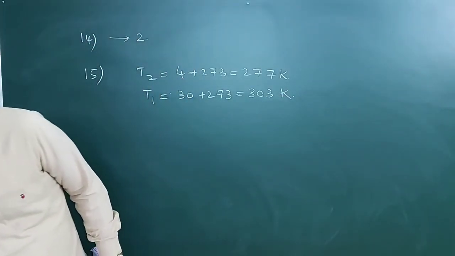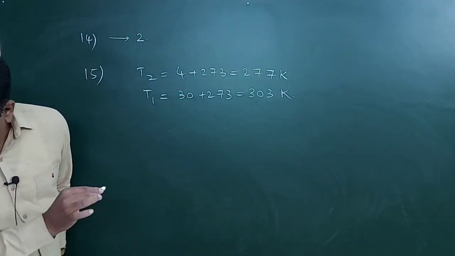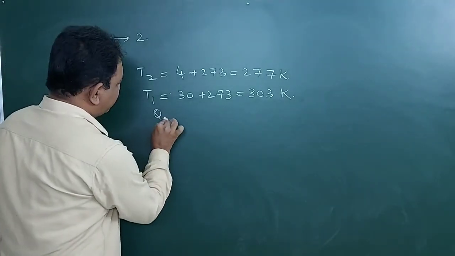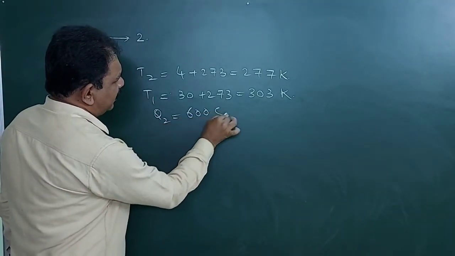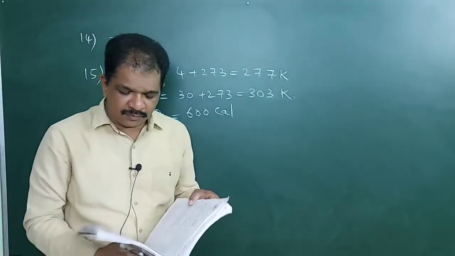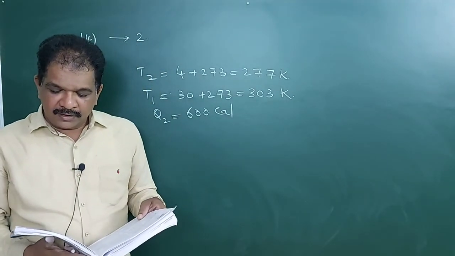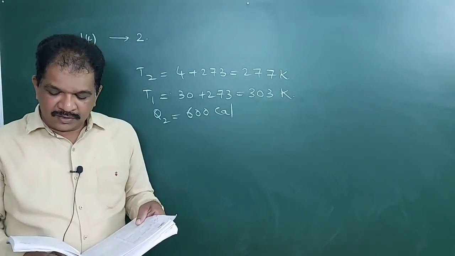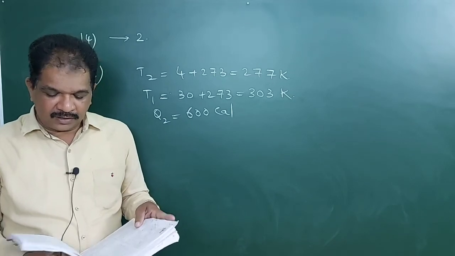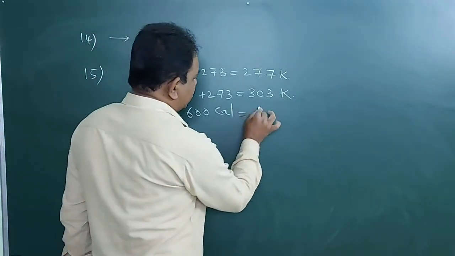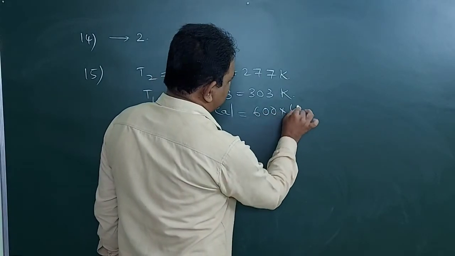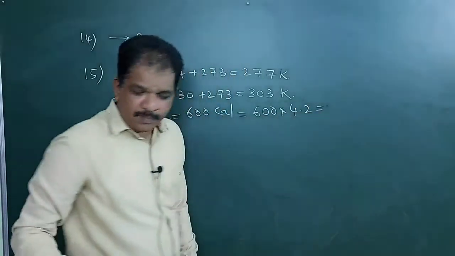Now the Q2 value is 600 calories, they gave. It is removing 600 calories of heat. You convert this into joules.